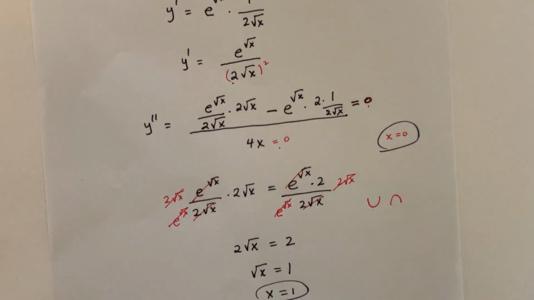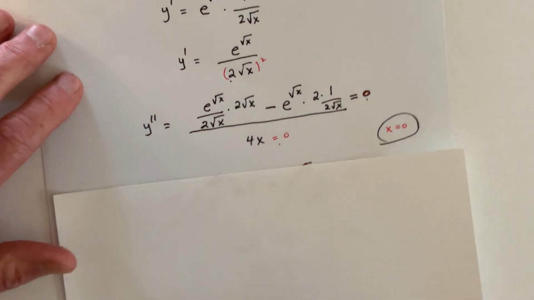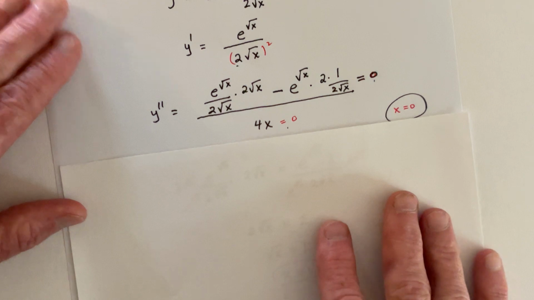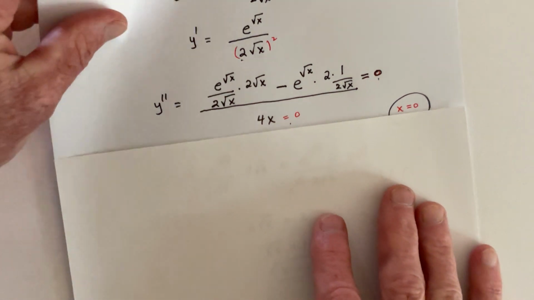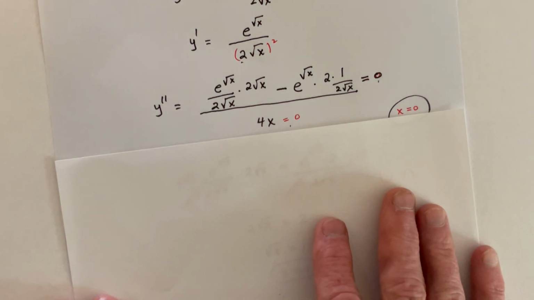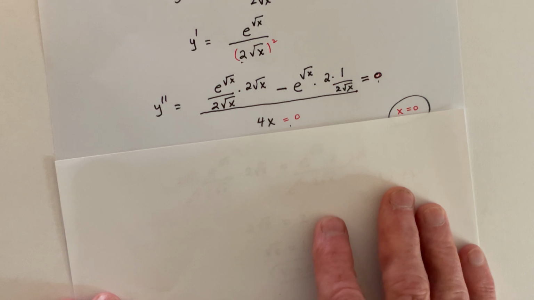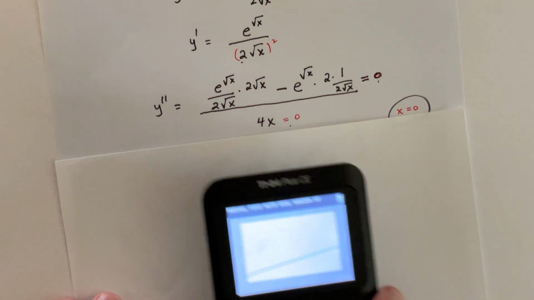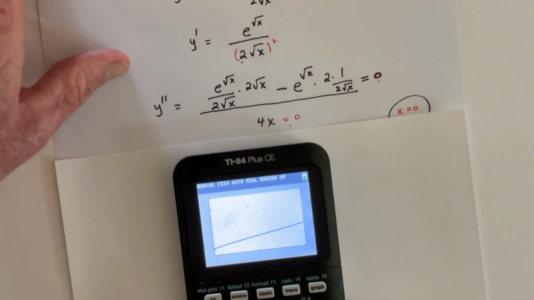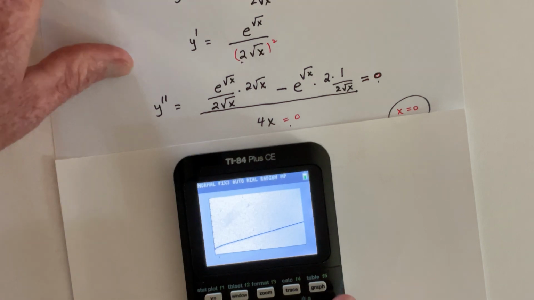So for that, I'm going to need another piece of paper. And so here is the second derivative, and then plug in, let's say, the half. So not into the original function, but into the derivative.